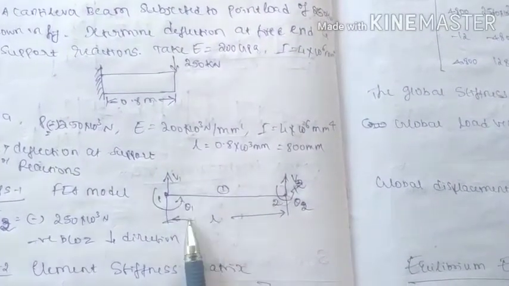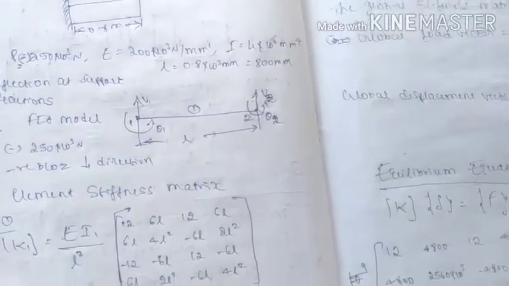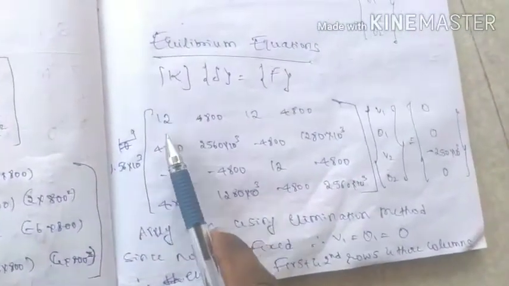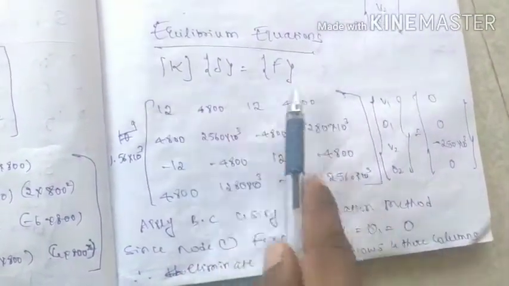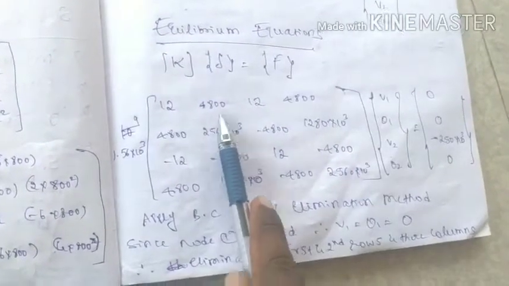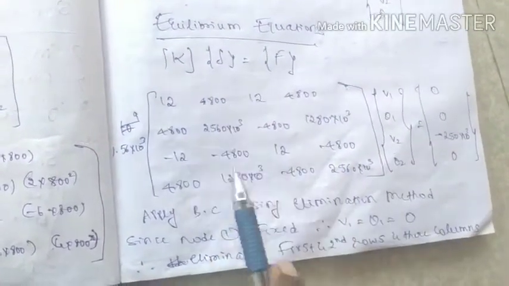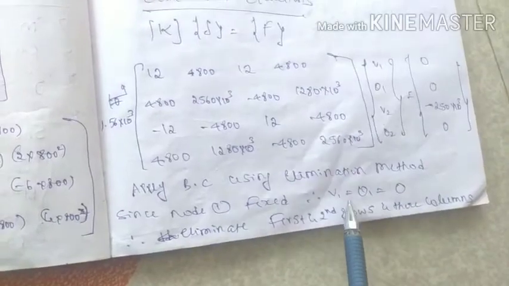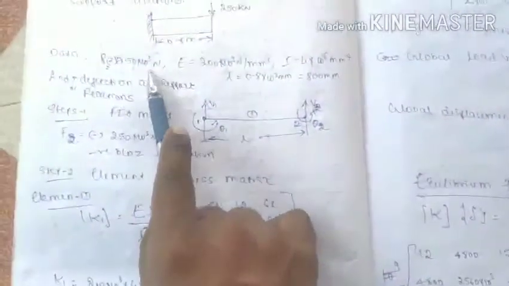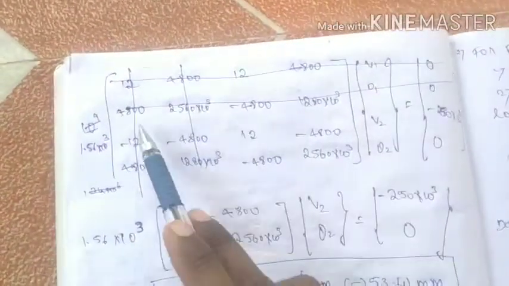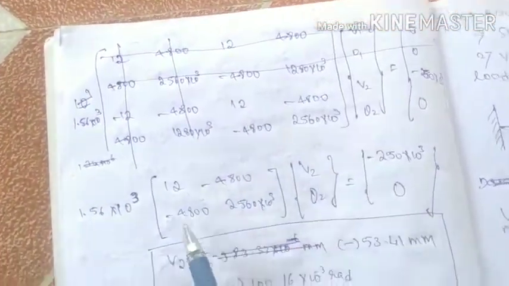So we need to eliminate first row, first column, and theta 1, that is second row and second column, because we know V1 theta 1 both are 0 since it is completely fixed. When you eliminate this, the rest is left as it is, and you write it.